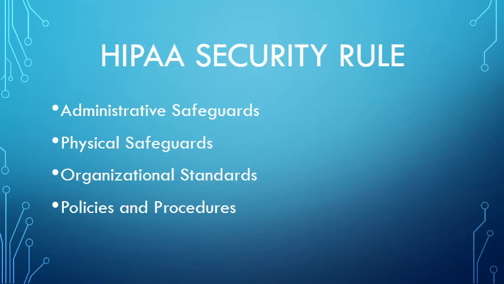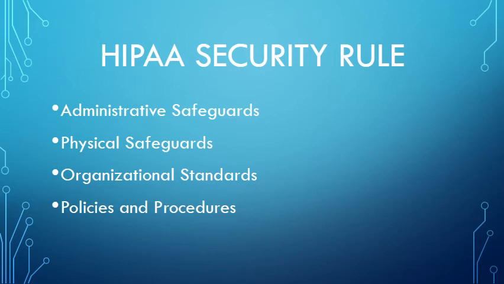One of the requirements is that agencies should perform a security risk analysis that identifies and analyzes risks to the electronic protected health information, and then implement security measures to reduce the identified risk.